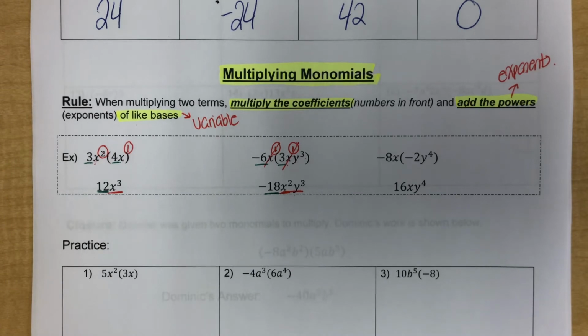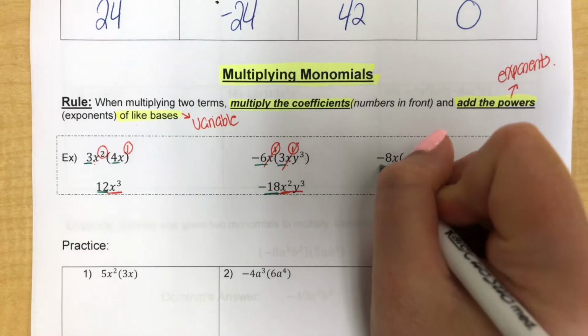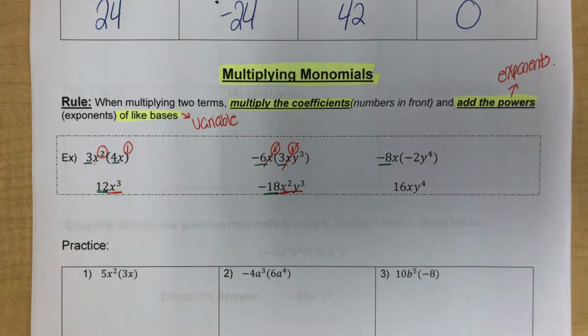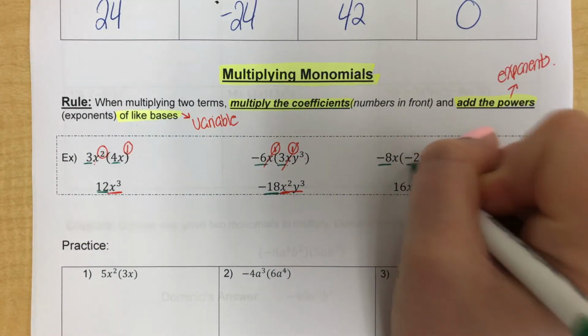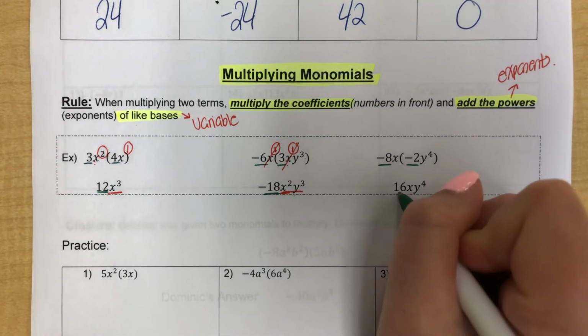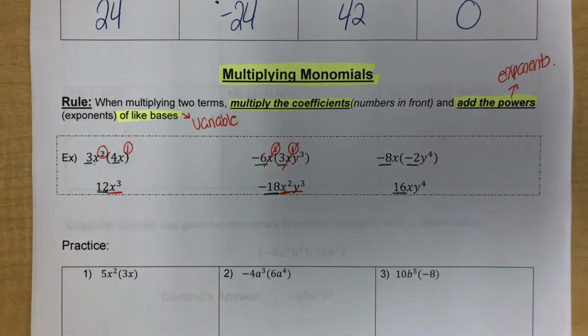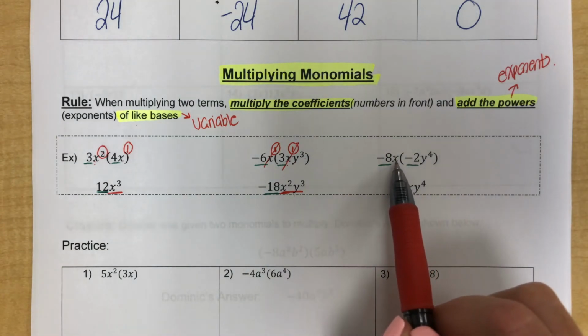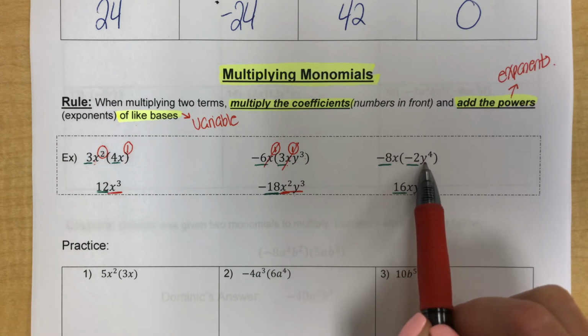All right? And then, again, one more. So if I look here, my coefficient in front is negative 8. My coefficient in front is negative 2. Negative 8 times negative 2 is positive 16. And then again, I have to go back. Well, this base, right, this variable is x. This variable is a y.